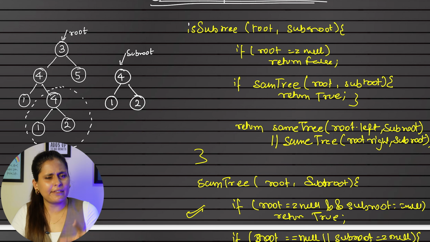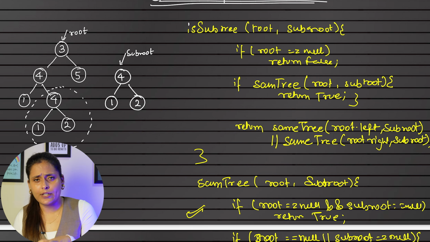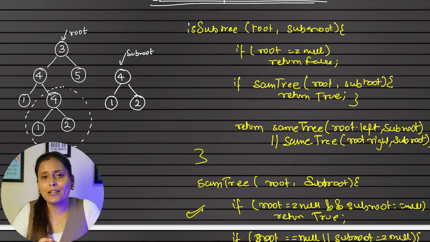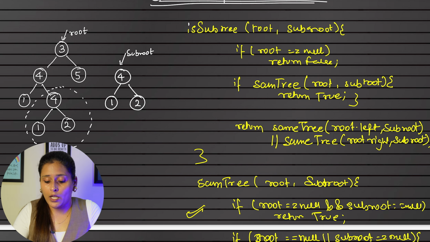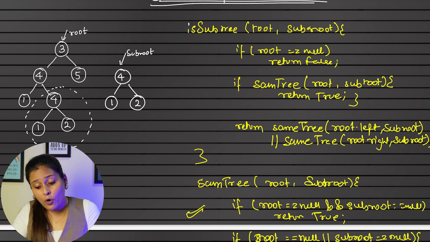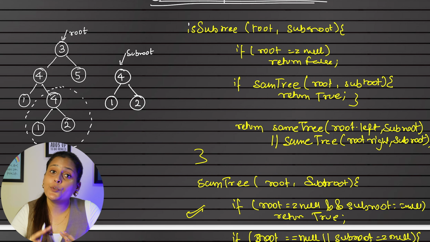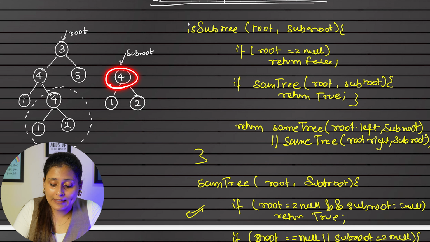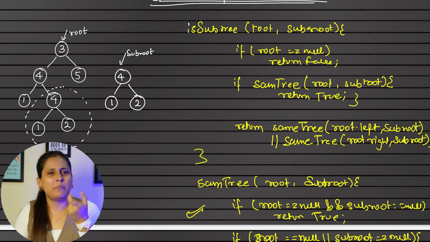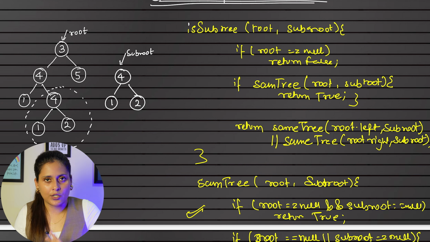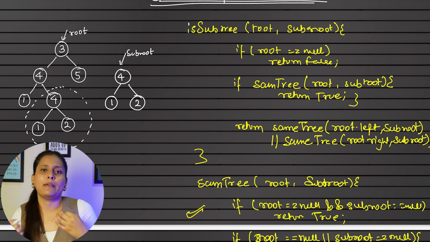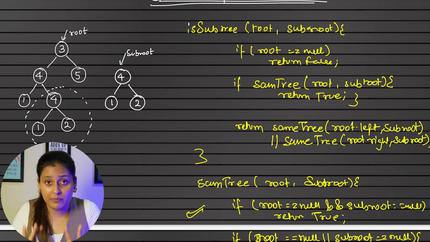Now the question is, can we do this same thing with BFS also? Yes, we can, but DFS is more preferable because after every root check we are going towards the left side and right side, and if you want to do the same with BFS, then you have to store the root also and their level also by making a pair inside the queue data structure, which makes it a little messy, although the time and space complexity will be similar only.